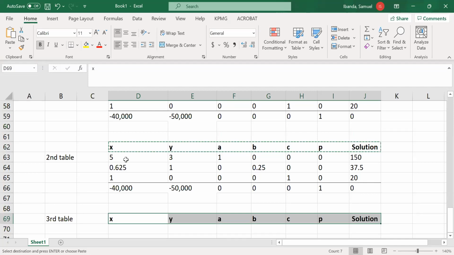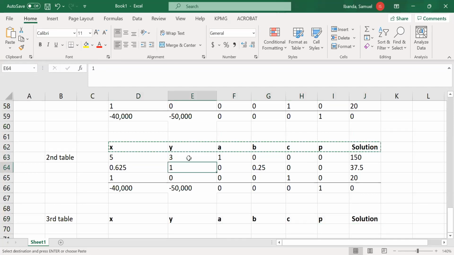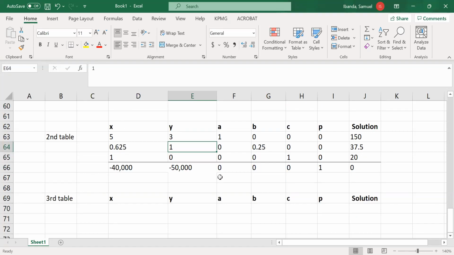Now, I'm striving to make this 0. Now, I have to do this as a function of this pivot row, okay? So for me to find my new row, okay?